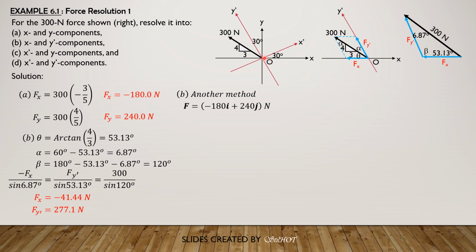So Fx, then plus the component of the force along y prime along the x axis is Fy prime cosine of 120 degrees, because this total angle is 120 degrees, 90 plus 30. So Fx plus Fy prime cosine of 120 degrees equals the x component of the force, which is negative 180.